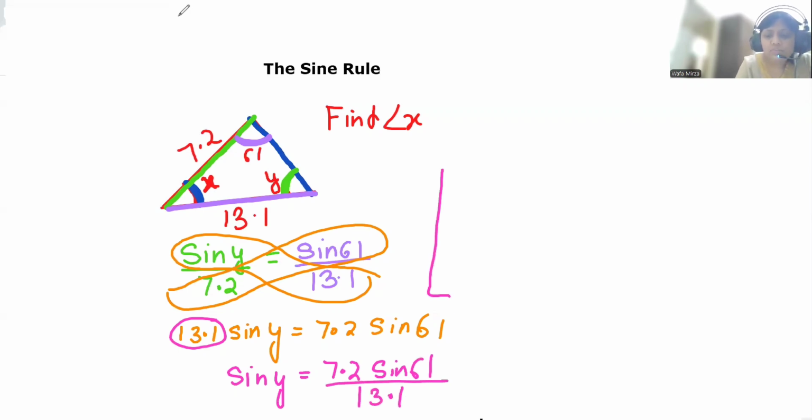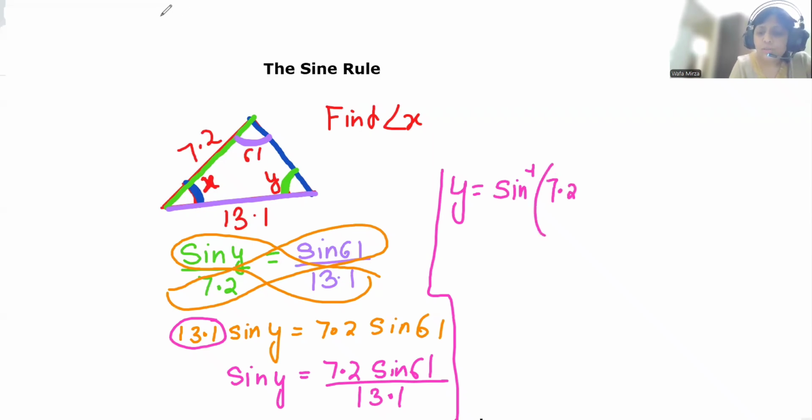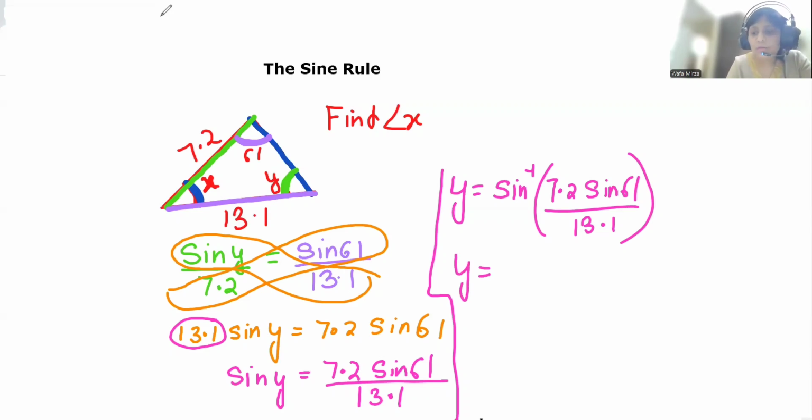As I did in the previous question, same way I am doing here. Sine will go to the other side and become sine inverse. So it will be sine inverse of 7.2 times sine 61 over 13.1. Now I can use my scientific calculator.